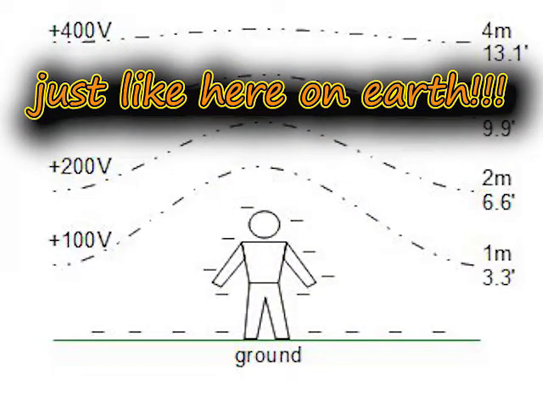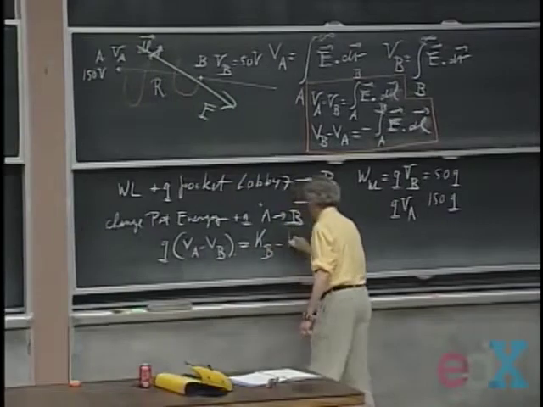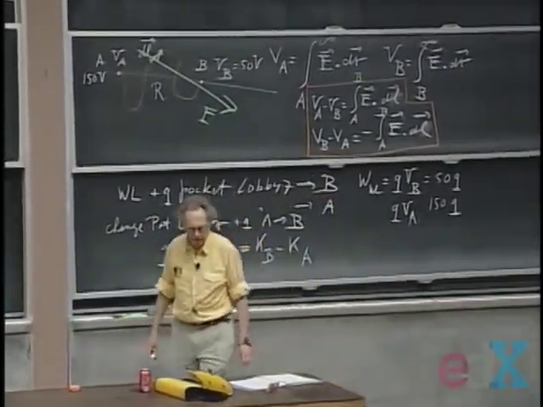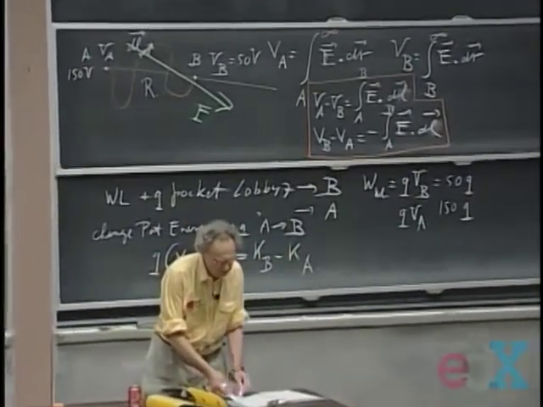So this difference now is also converted into kinetic energy of that moving charge, and so that would be the kinetic energy at point B minus the kinetic energy at point A, which is really the work energy theorem. It's the conservation of energy.